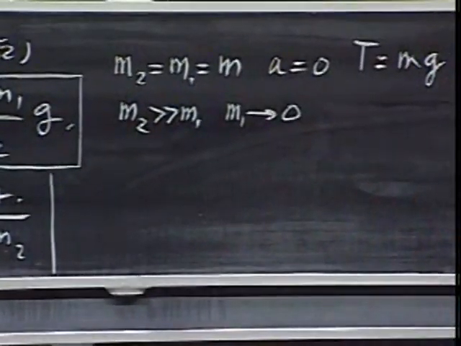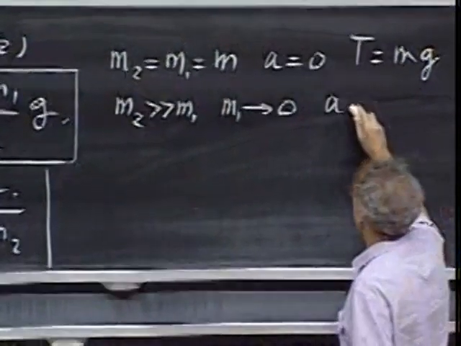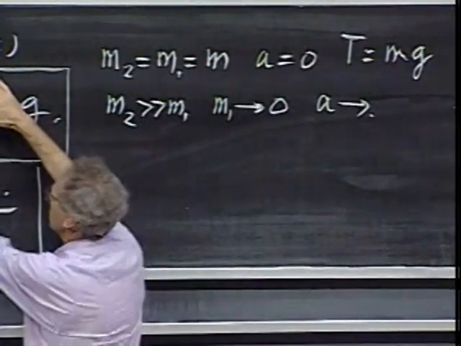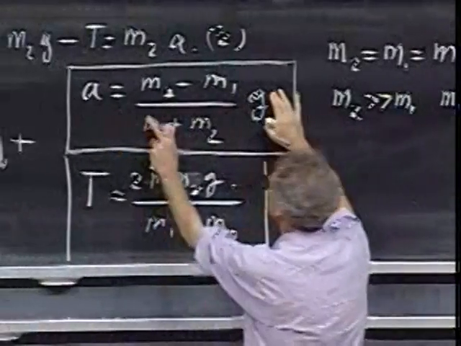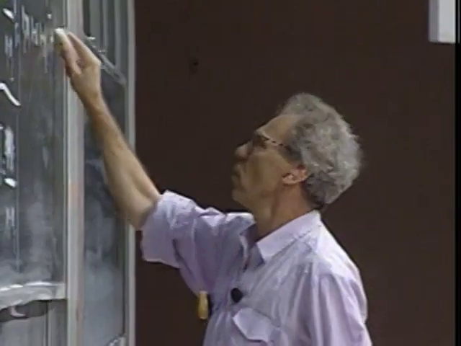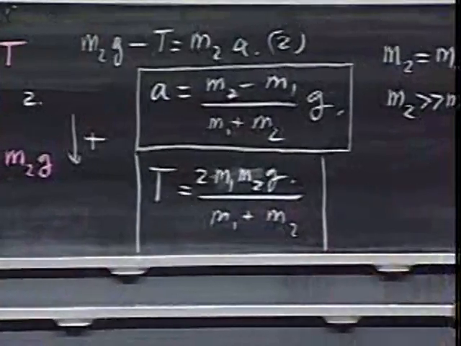Let's do that. What you see now, if m1 goes to 0, this goes away, this goes away, a goes to g, and T goes to 0.